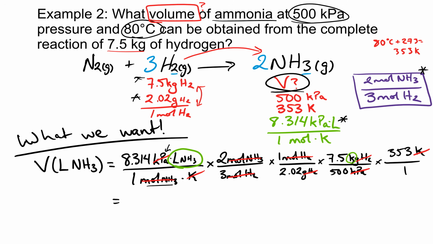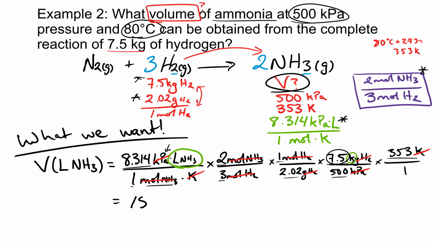If I put all of this into my calculator, so I'm going to go 8.314 times 2 times 1 times 7.5 times 353 divided by 1 times 3 times 2.02 times 500. If I do all of that and convert to significant figures, I see I have 2 significant figures here from the 7.5.